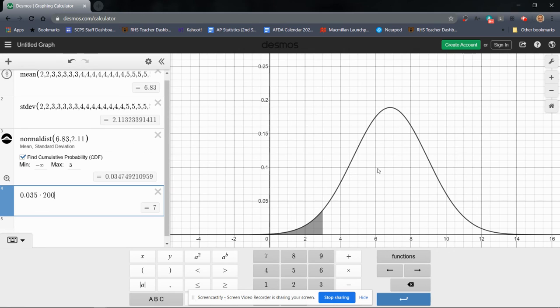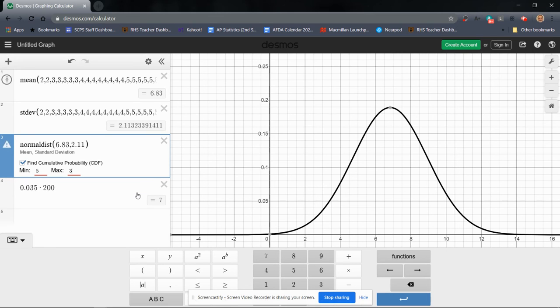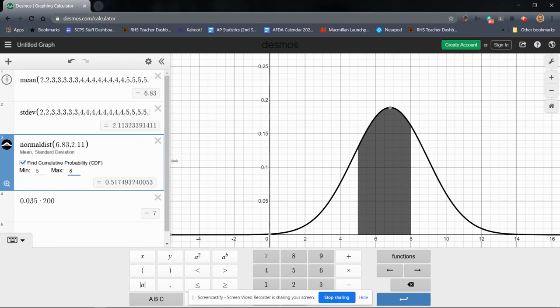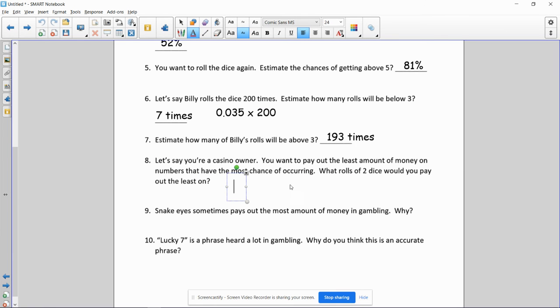Well, most of my percent is between 5 and 9. 65% of the time people are going to roll between 5 and 9: a 5, a 6, a 7, an 8, or a 9. So that would be the least amount I'd want to pay out on. So I'd want to pay out from rolls 5 to 9.